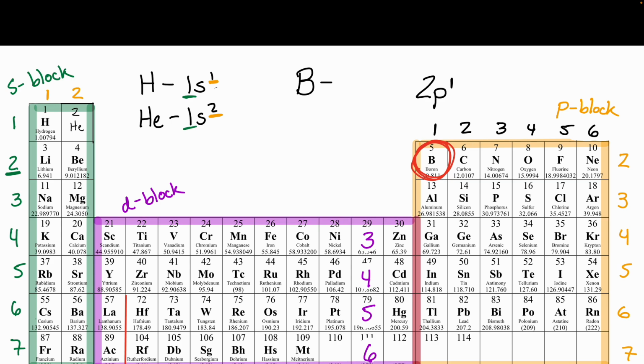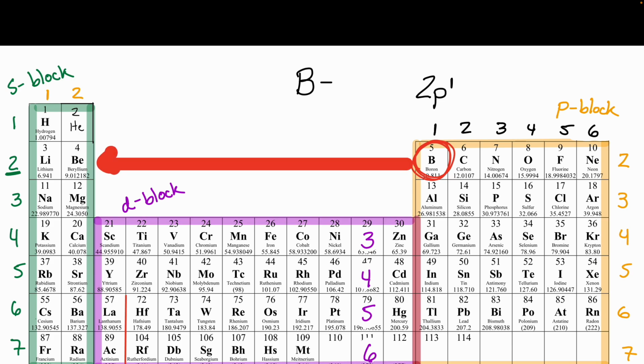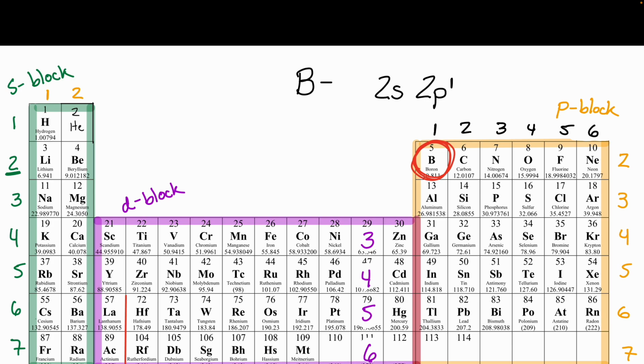That 2s, right? Let me just get rid of some of my markings here. We can see that what comes before 2p is 2s. Again, look at that element number. Boron is element 5, so you have to look at element 4. So now my electron configuration is going to be 2s2. And what came before the 2s? The 1s.